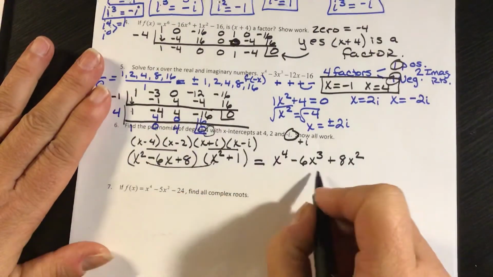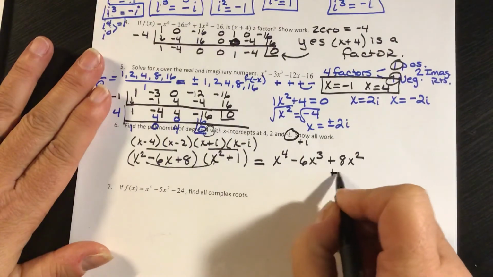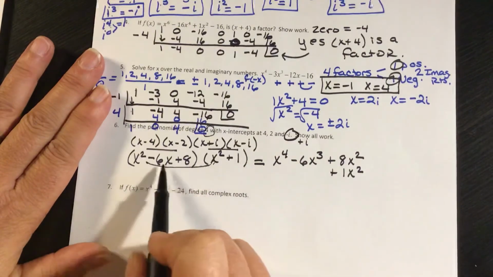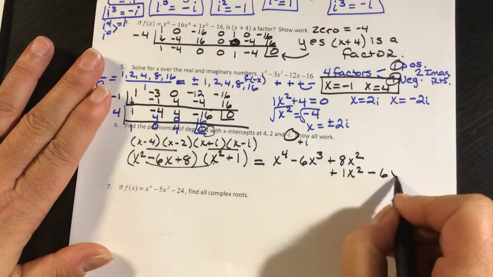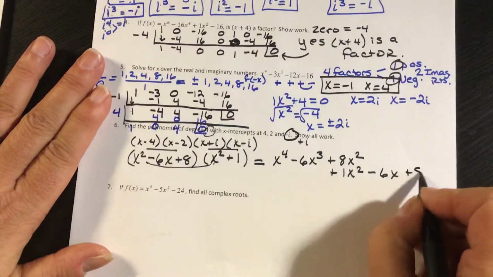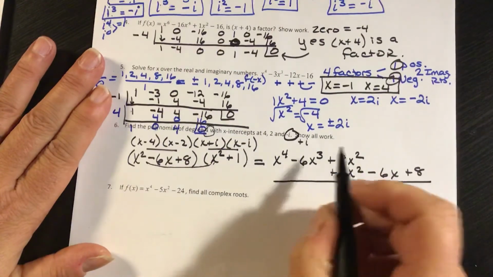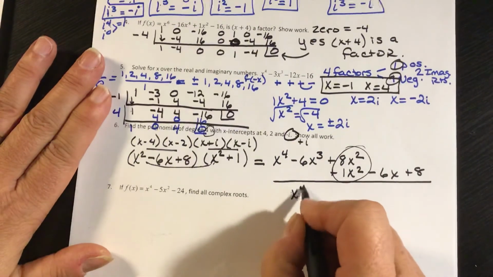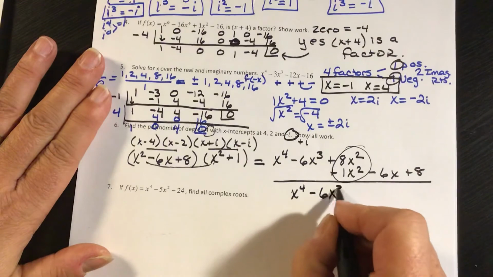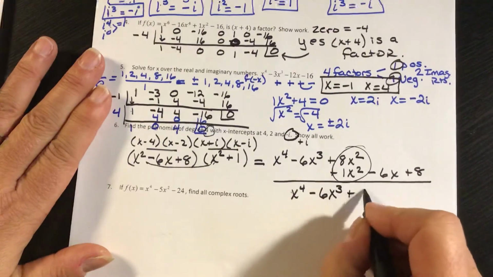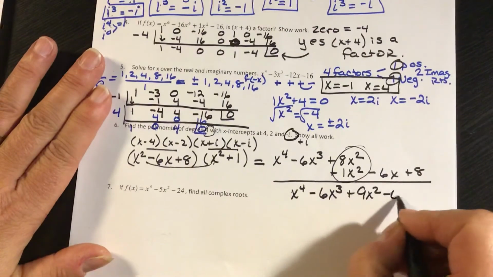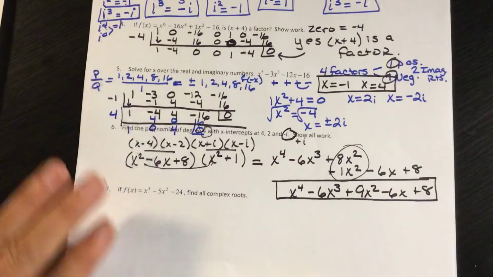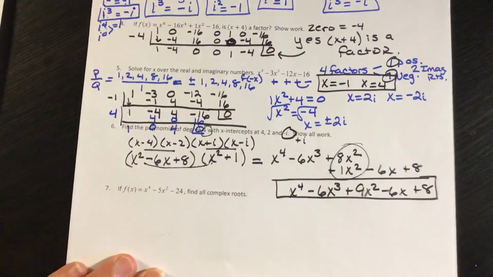So 1 times x squared is 1x squared. And I'm going to line up my x squares. 1 times -6x is minus 6x, and 1 times 8 is plus 8. And when I combine my like terms, my polynomial is x to the 4th minus 6x to the 3rd plus 9x squared minus 6x and plus 8. And that is my polynomial that gives me these 4 roots.